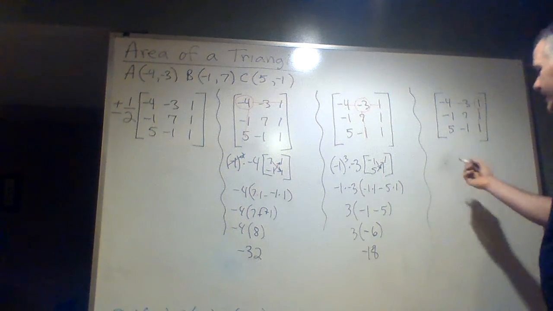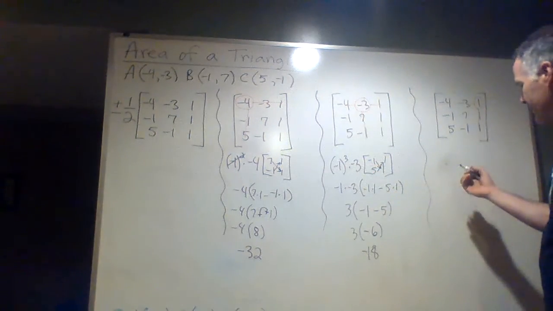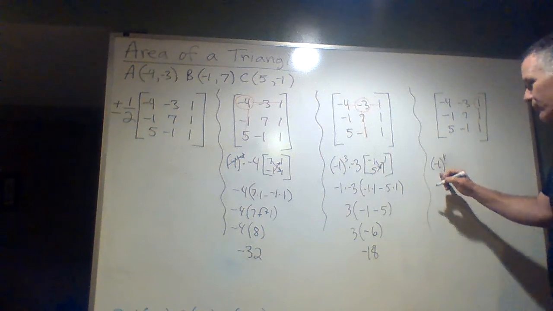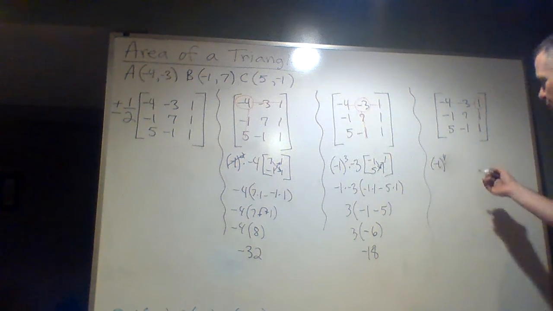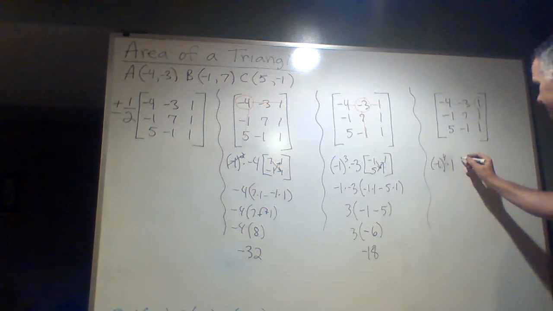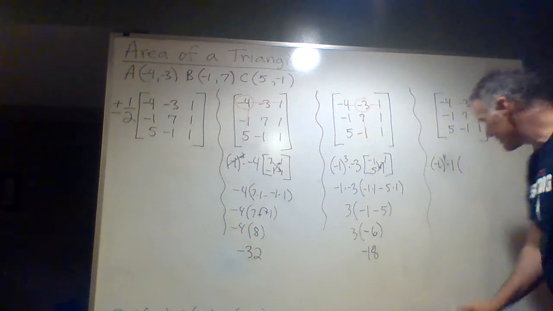So now again, negative 1 squared, negative 1 to the third. Now this one was negative 1 to the fourth, which remember really doesn't do anything. An even power, a negative to an even power goes away. The negative goes away. Okay, I've got the 1 up here. Okay, and then I've got my determinant.